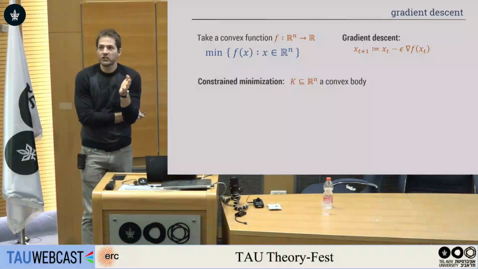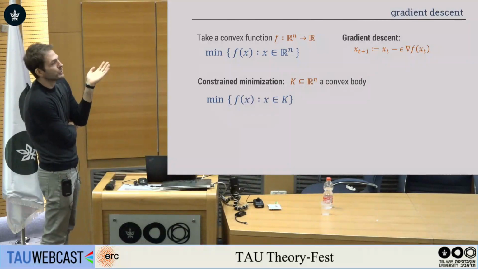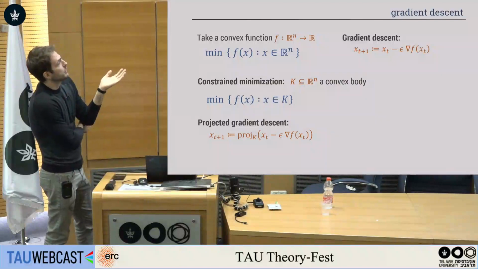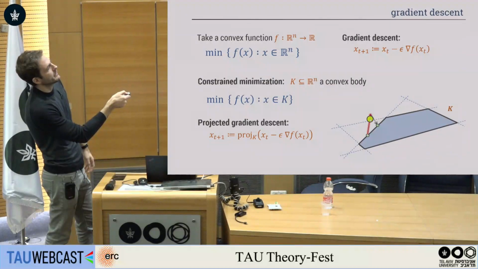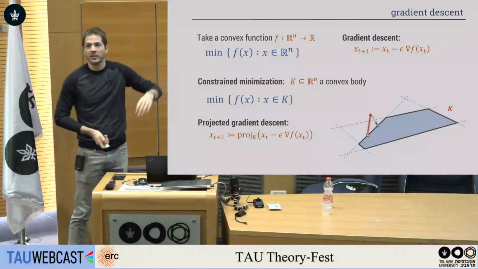If you want to solve some constrained minimization problem, say you want to minimize your function over a convex body K, then you can do projective gradient descent, which is the same gradient descent step where you move in the direction of the negative gradient, but now you want to stay inside the body, so you just project back to the body.